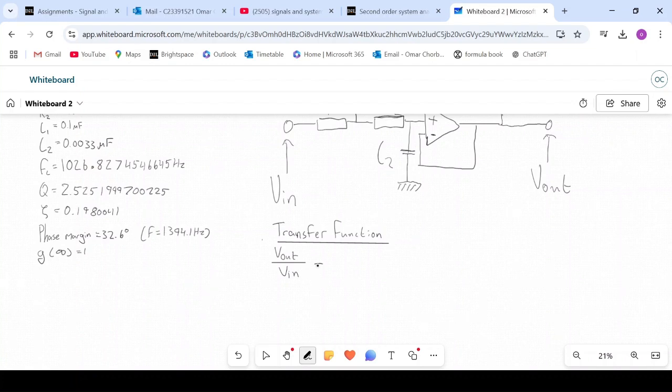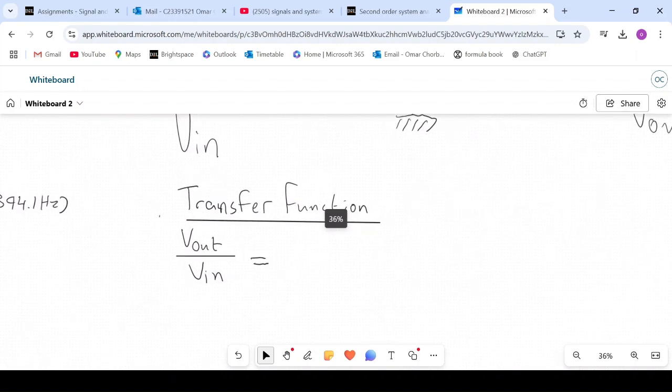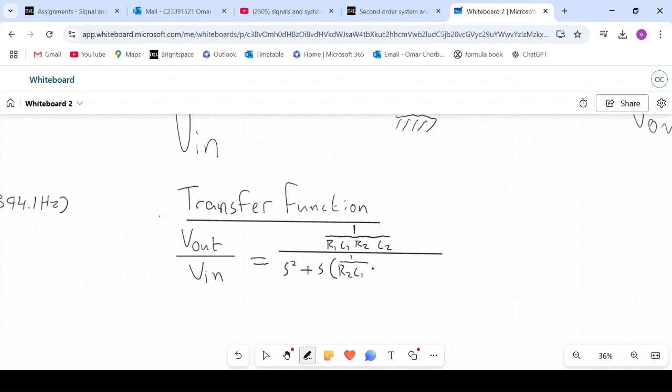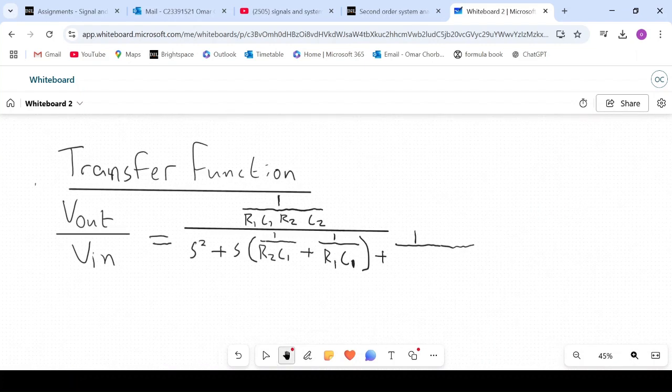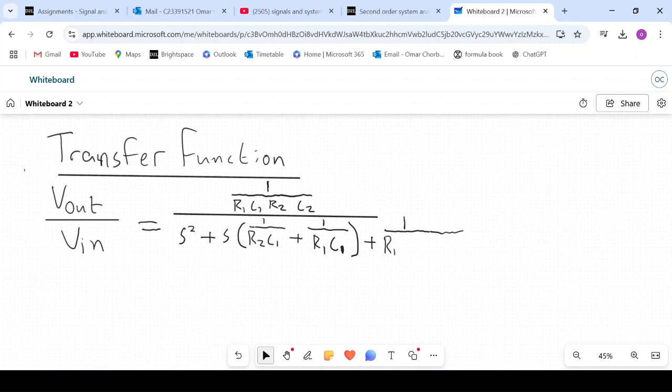This ends up equaling 1 over R1 C1 R2 C2, all over S squared plus S times (1 over R2 C1 plus 1 over R1 C1), and then plus 1 over R1 C1 R2 C2.